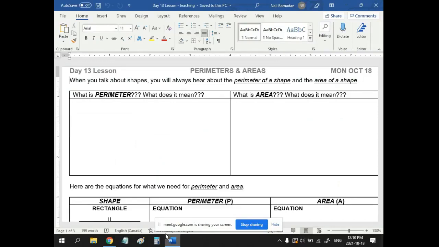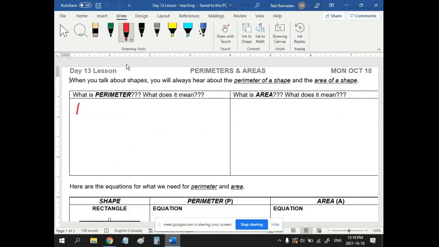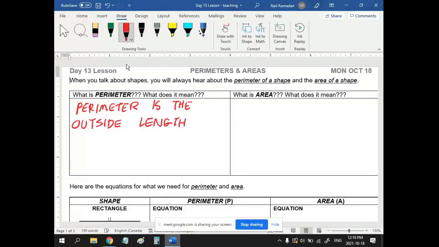So let's write this down. Perimeter. Okay, everyone, let's copy. Perimeter is the outside length.